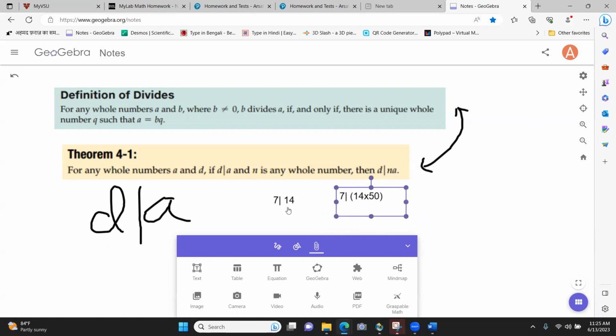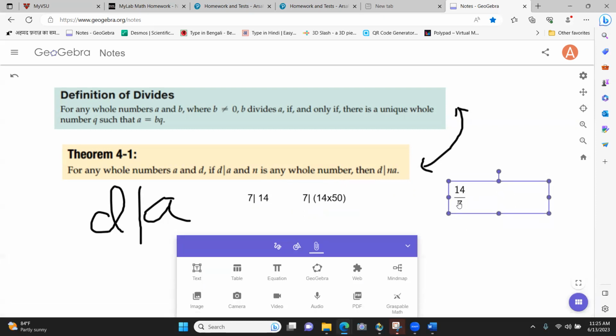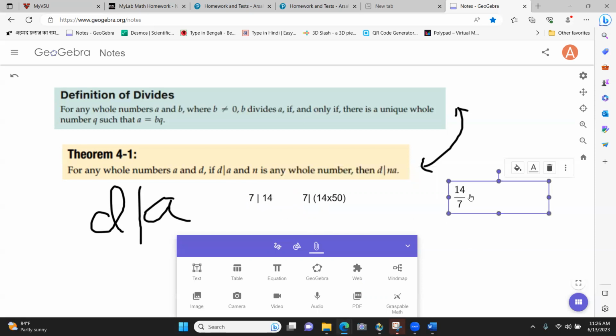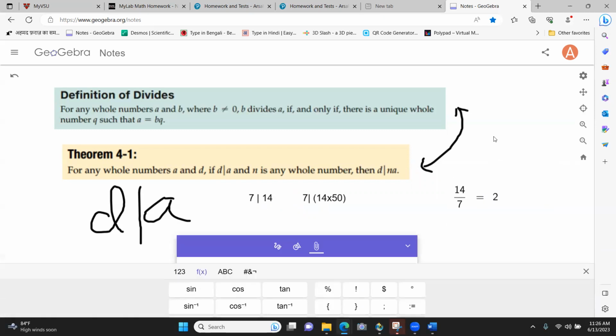So I'll show you like this. It'll hopefully make a little more sense. So take our example, 14 divided by 7. We write 14 divided by 7 like this, but when we do it like this, it's read 7 divides 14, or 14 is divisible by 7. Now, clearly the answer is 2, right?